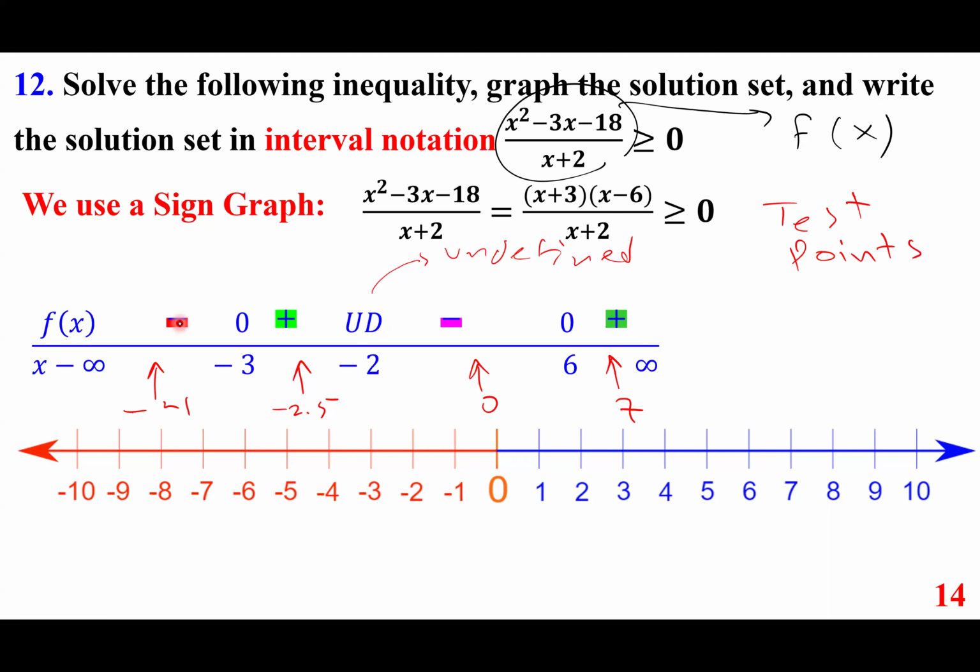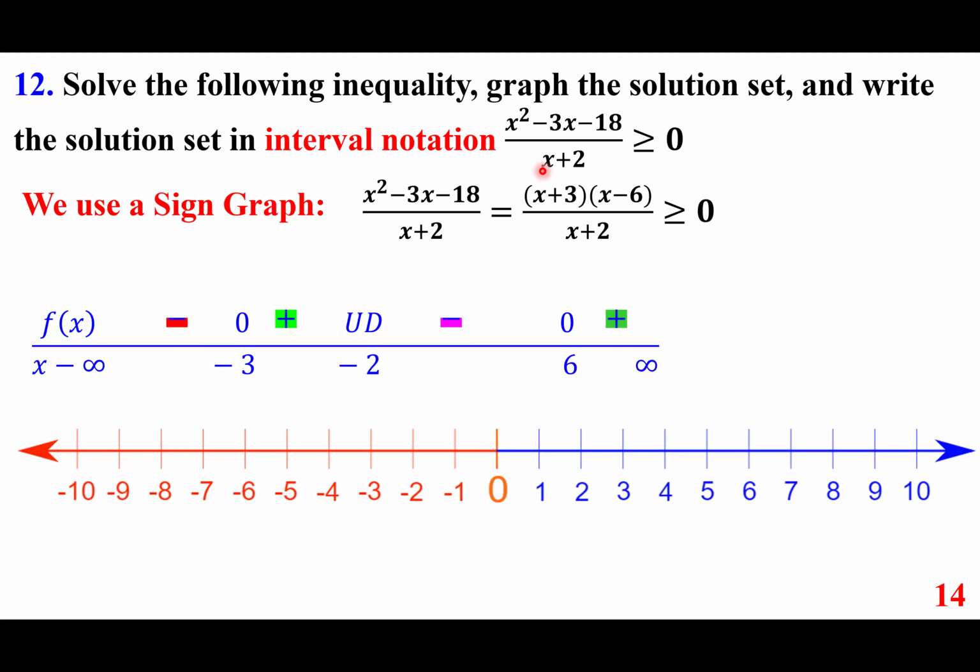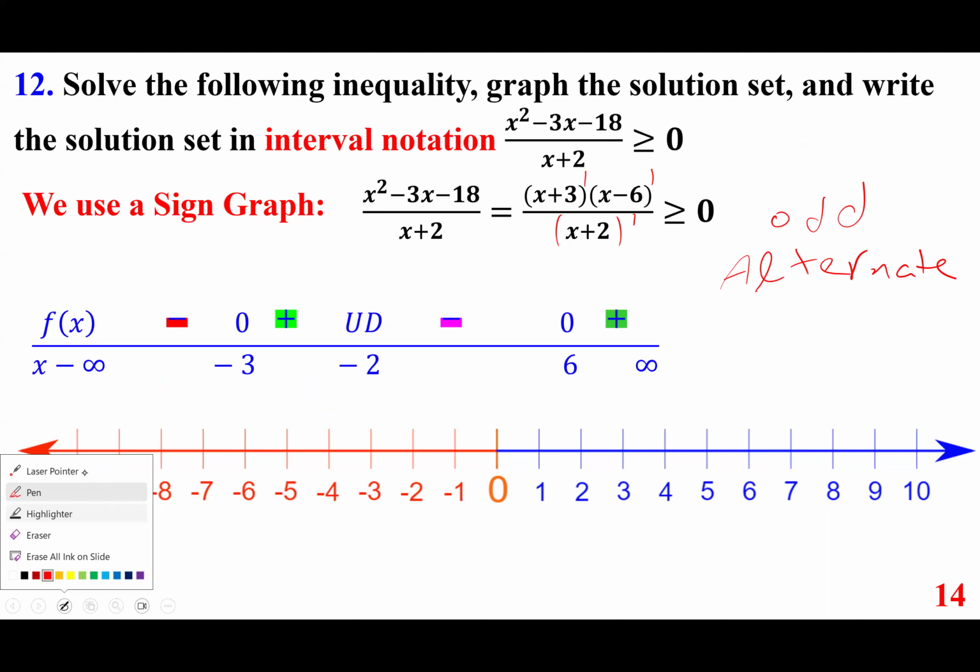But understand, again, if in the factored form each factor has an exponent which is odd, then they will alternate in sign. That's important to understand, everybody.